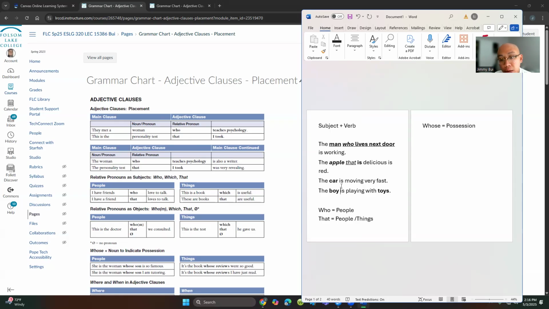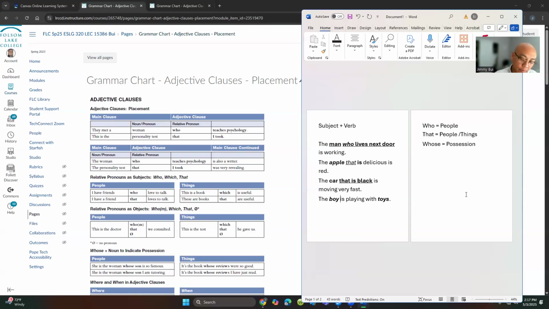Okay. The car again is a thing, and so the car that is black is moving very fast. This is going to be our adjective clause. The boy, so here we have one subject and an object. The boy who is tall, or whom also can work.